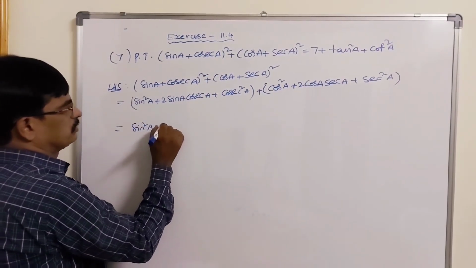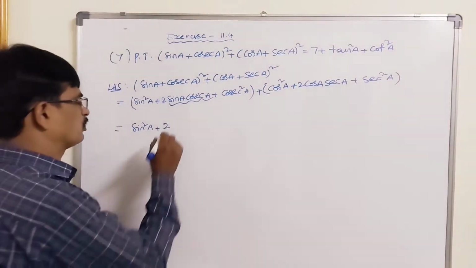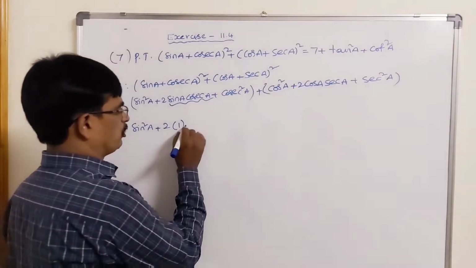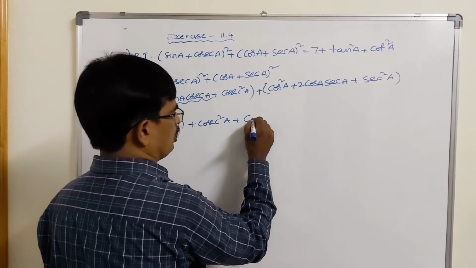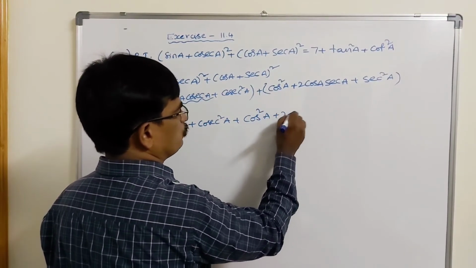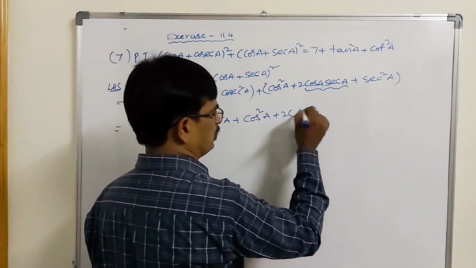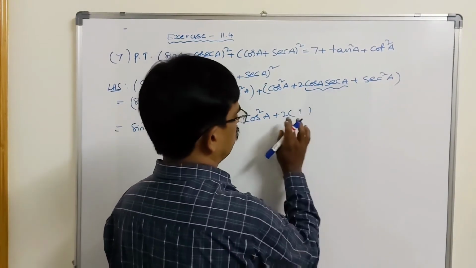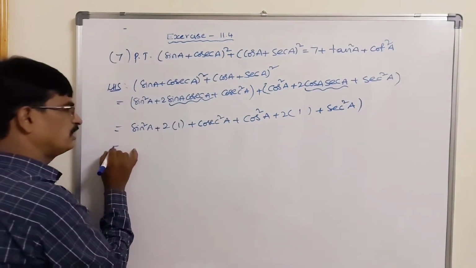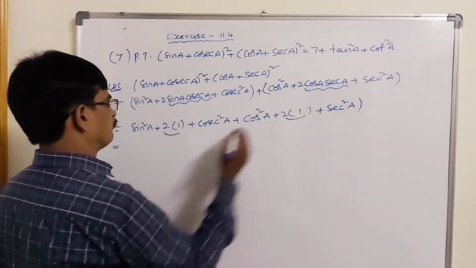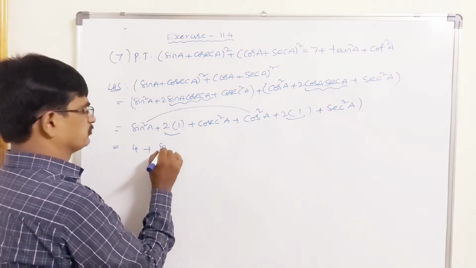Sin square A plus 2 into sin A cosecant A, both are reciprocal, its product is 1, plus cosecant square A plus cos square A. Again 2 into cos A into secant A, both are reciprocal to each other, into 1, that is 2 into 1, plus secant square A. Now 2 plus 2, 4, plus sin square A plus cos square A.